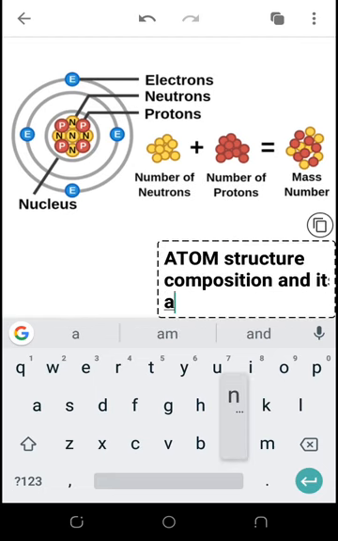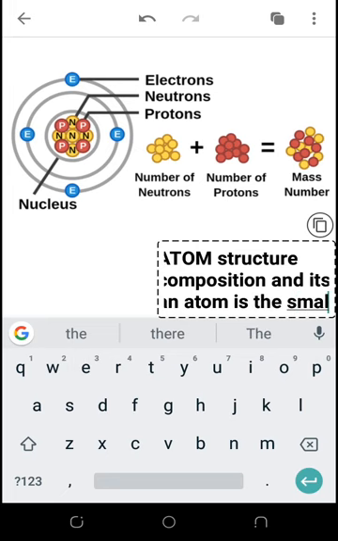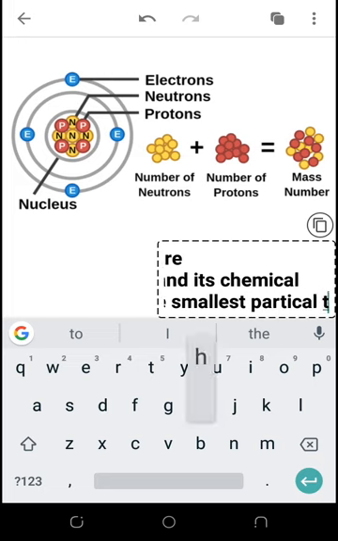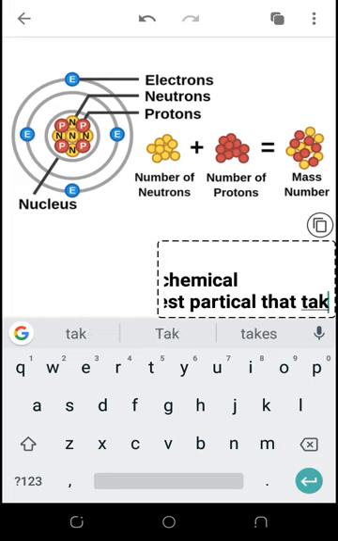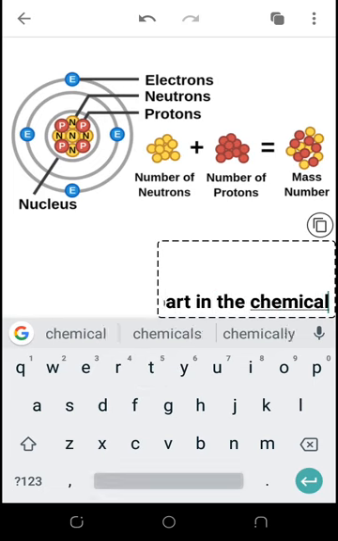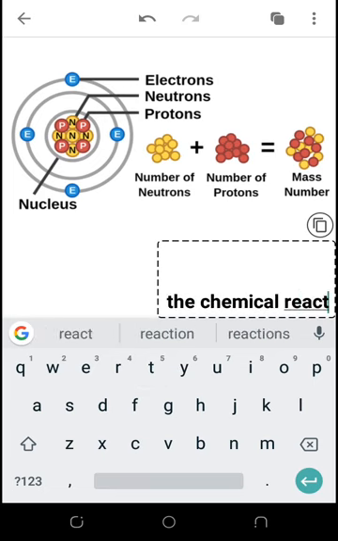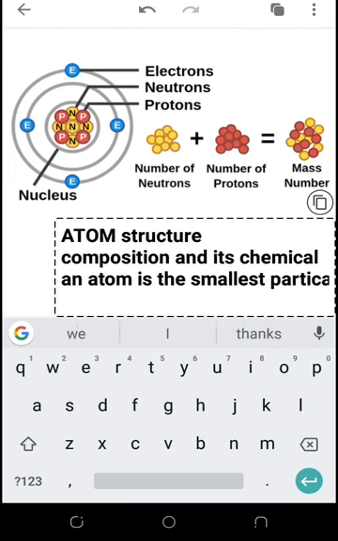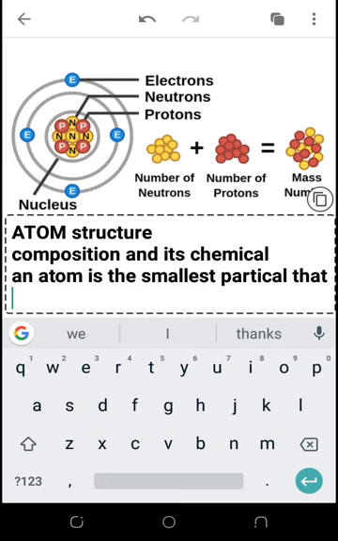So an atom is the smallest particle that takes part in the chemical reaction. So this simply means that all chemical reactions are governed by an atom.